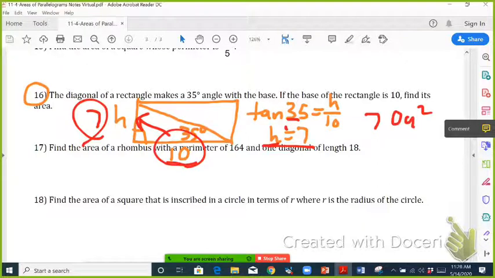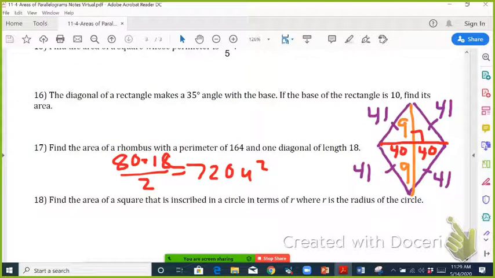Okay, in this one we have a rhombus with the perimeter 164. So I took 164 and divided it by 4, and that's how I got each of these side lengths are 41. Then the diagonals are perpendicular because it's a rhombus, and they also bisect each other because it's a parallelogram. So in orange I divided that into two segments of length 9 units.